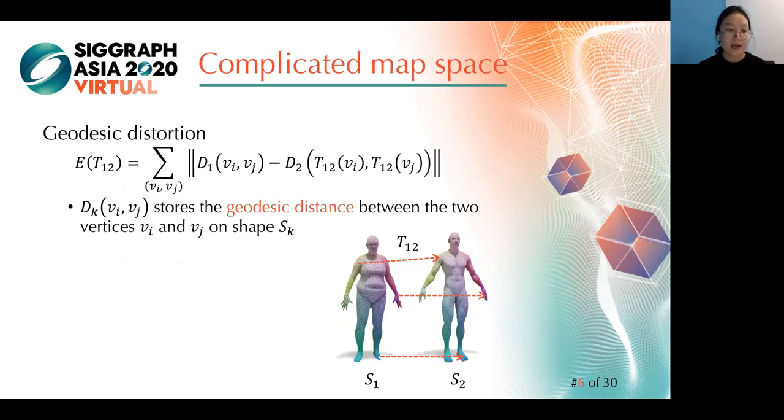It is defined as the difference between the geodesic distances between two vertices before and after mapping. If the difference is small for all pairs of vertices, we can say that the map is good, since the geodesic distance is well preserved after mapping. So a very natural solution to shape matching is just to minimize this energy of geodesic distortion to obtain a map.